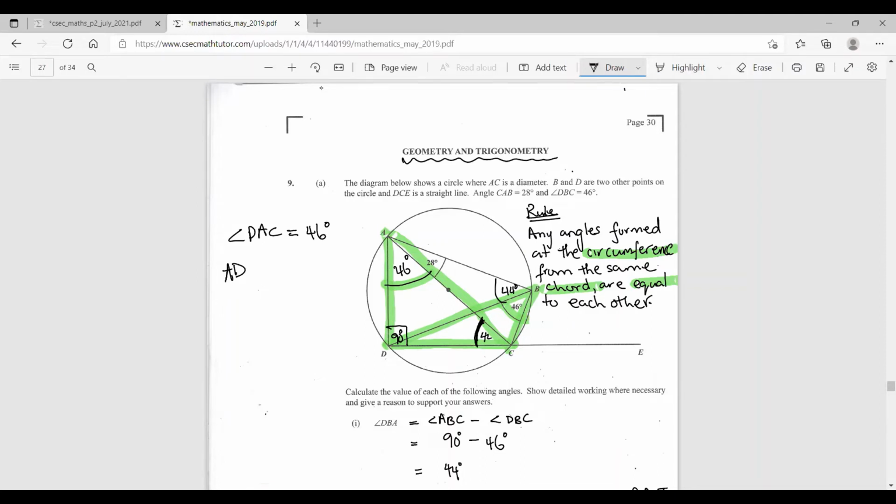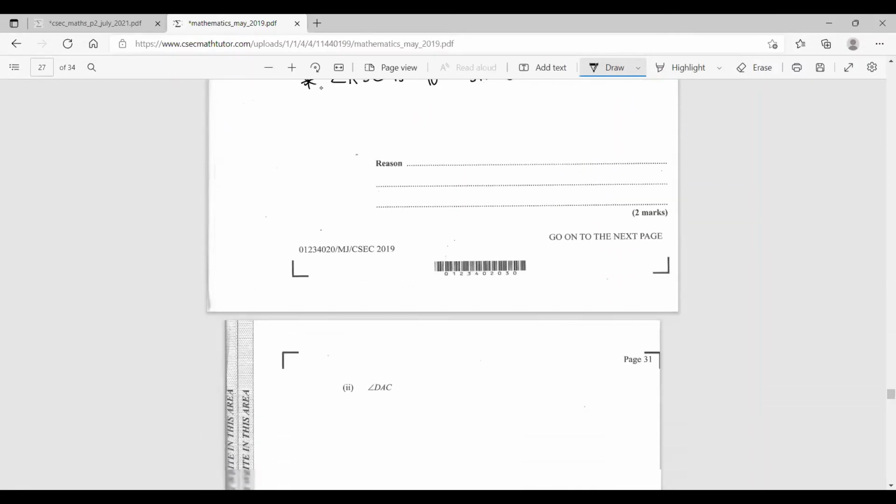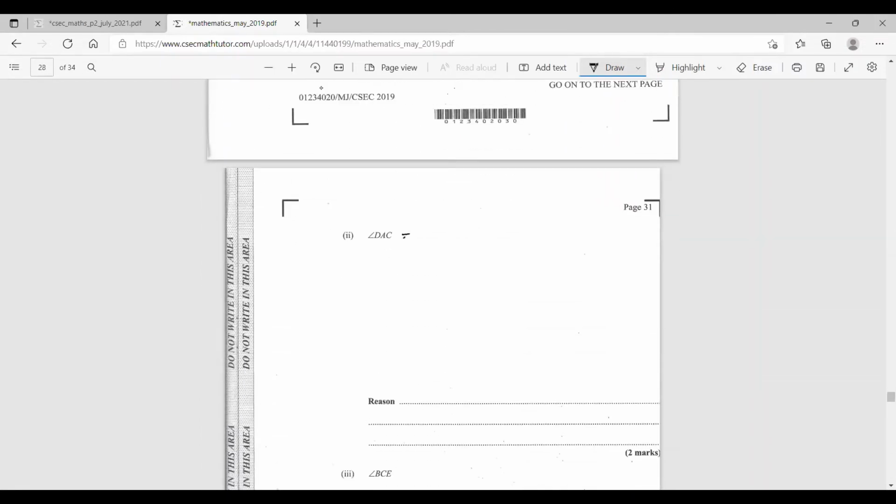Correct, 44, because two angles at the circumference are from the same chord. Although we didn't need to know that one, right? So let's see what else we have. How much is this? 46.